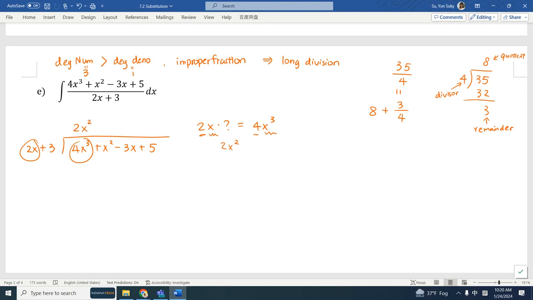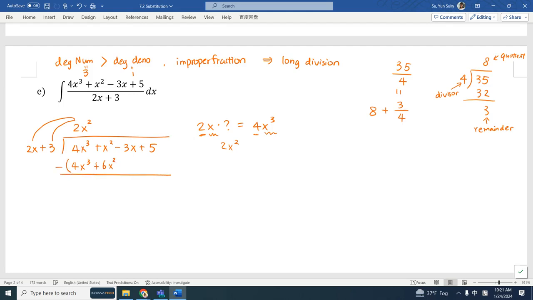Then we distribute. 2x squared times 2x is 4x cubed. And then 2x squared times 3 is 6x squared.